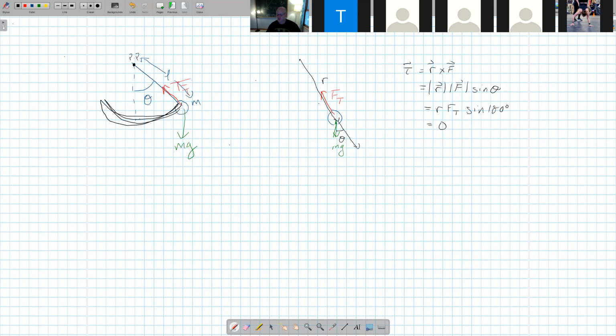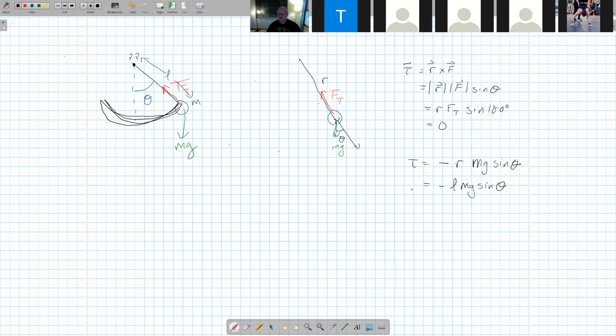So the total torque is equal to negative, because it's pulling in this direction, r times mg times the sine of the angle between the two. Here, r is the distance between the pivot point and where the mass is, which in our case is simply the length of the string. So it's equal to minus the length of the string times the mass times g times the sine of the angle between the two.